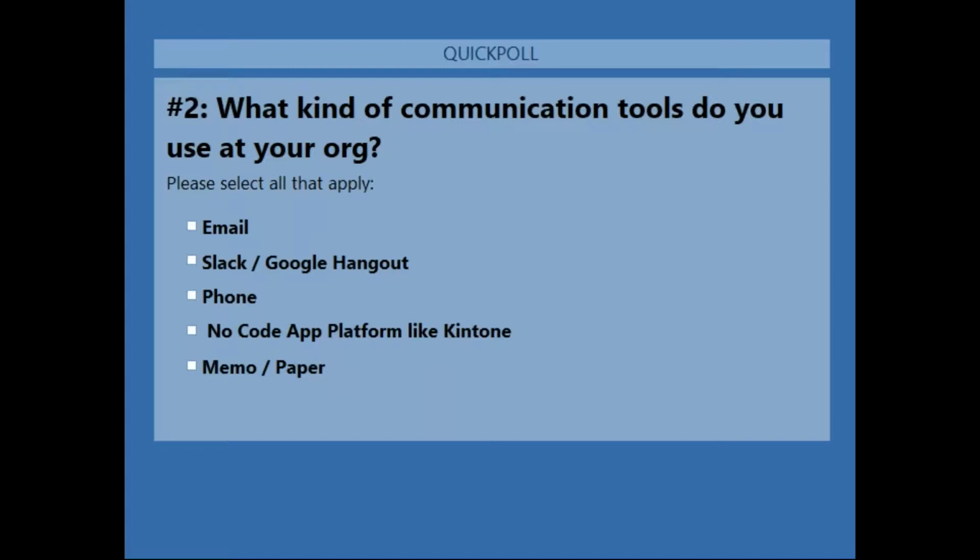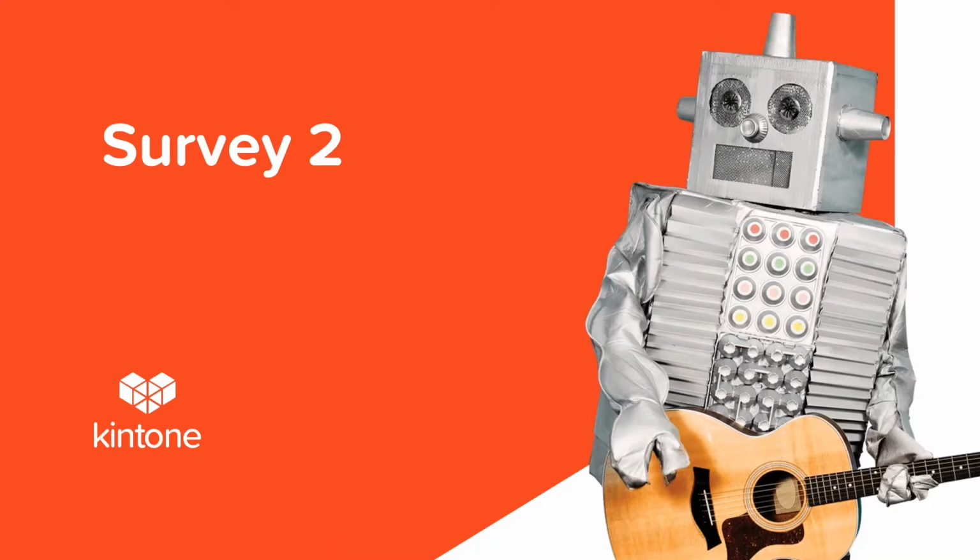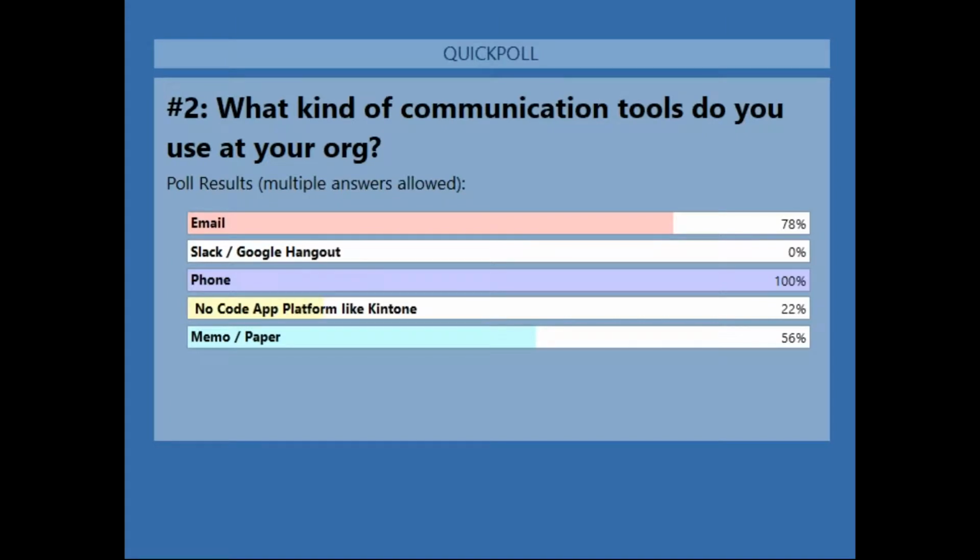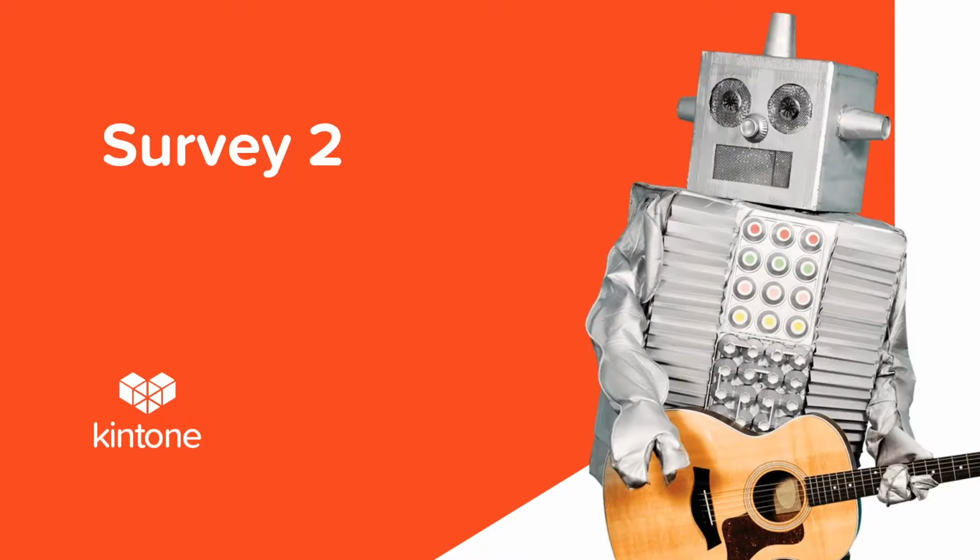We'll just wait a few more seconds here. Okay. Let's see, 80% have voted so far. That's good enough. All right, so I'm seeing email, phone, and memo and papers are the main versions of communication. We also have one which is a no-code app platform. Awesome. So we've got some people using Kintone for communication, probably our Kintone experts.